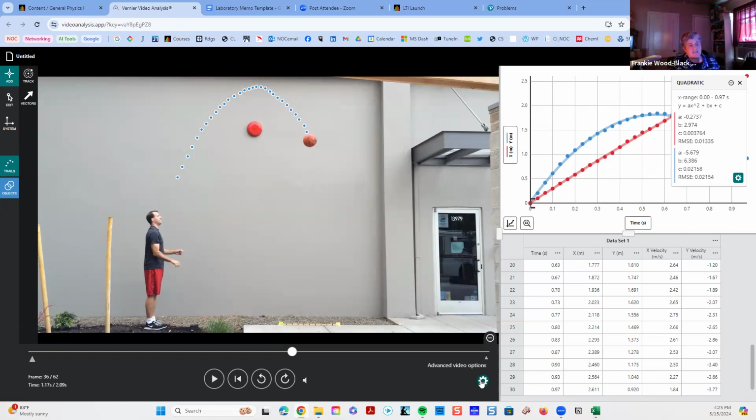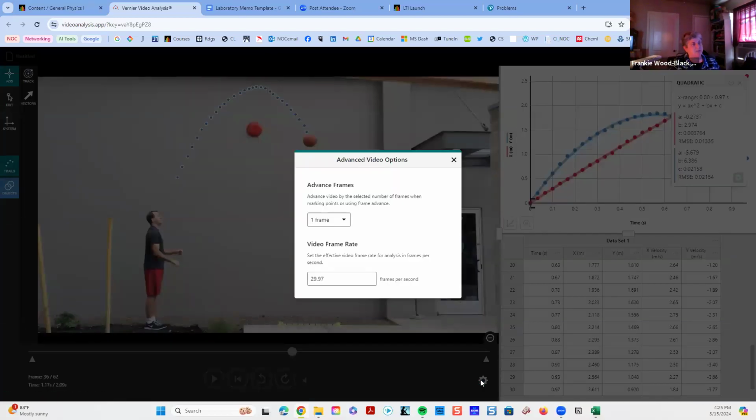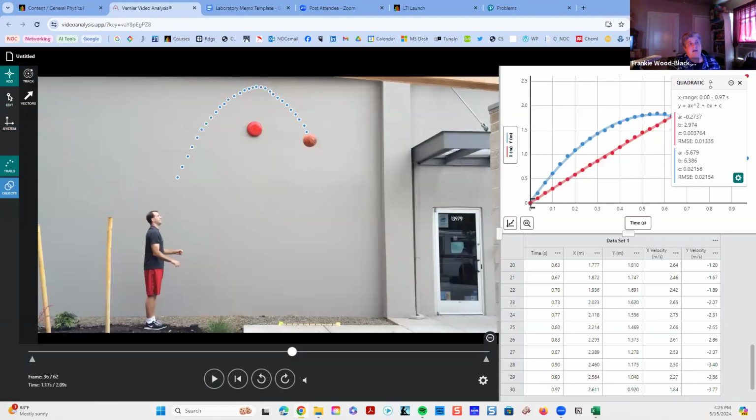You also have these gears. This gives you different options. This is how you can set your frames per second. If you're using slow motion frames, this will allow you to say, I don't want to advance every single frame. Depending on the length of your video, I might want to do 2 frames so I don't get all of that lovely data. But you can see that this is real data. So I'm going to move this out of the way.